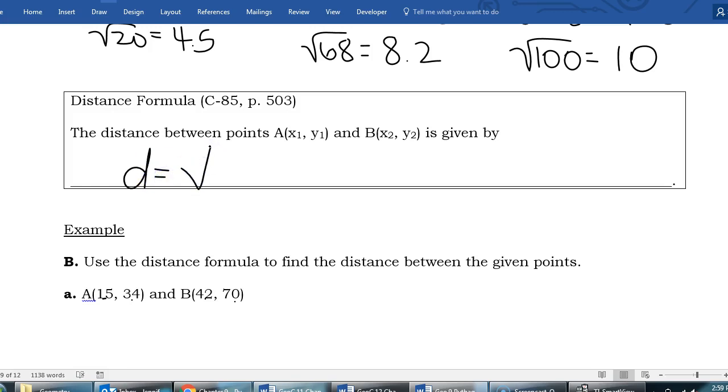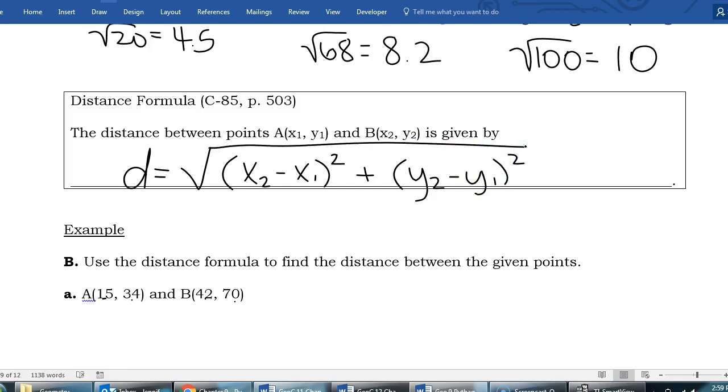And as long as I'm squaring and adding and square rooting, why don't I just do that all in one giant step? So if I subtract my x's, that'll give me my horizontal distance. And I'd want the square of that added to my vertical distance, which would be the difference of my y's squared and added together. Square root that whole thing for good measure, and that's my distance formula.